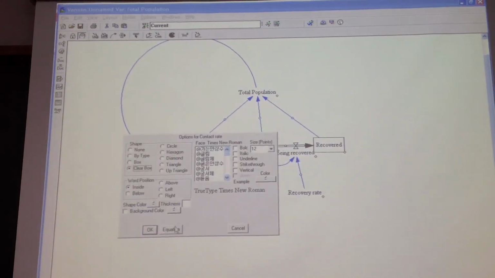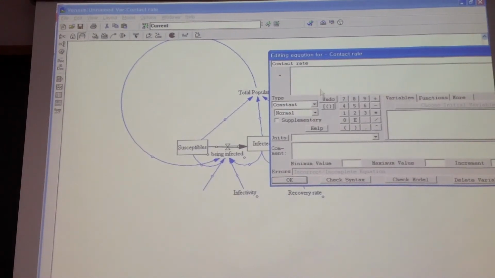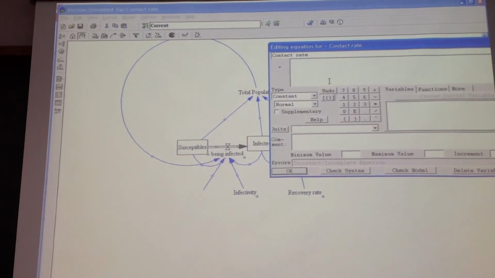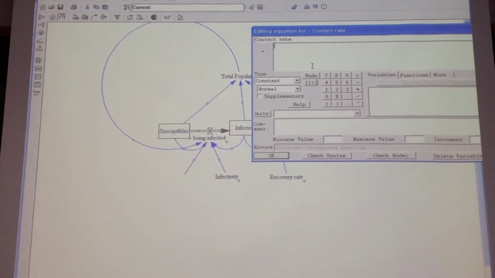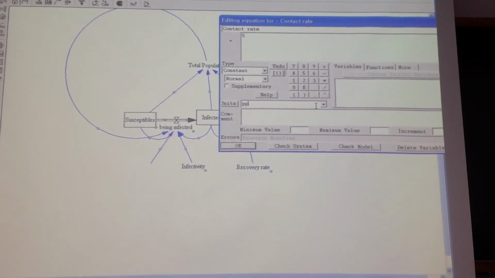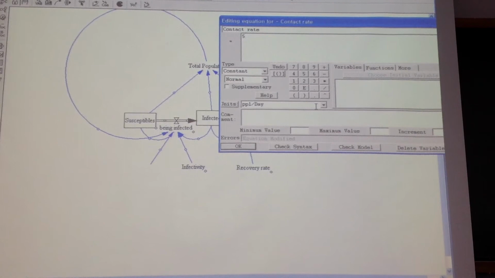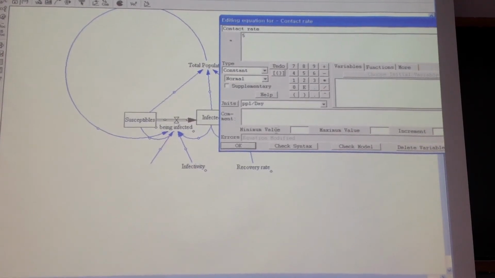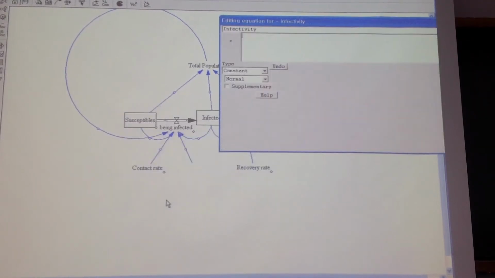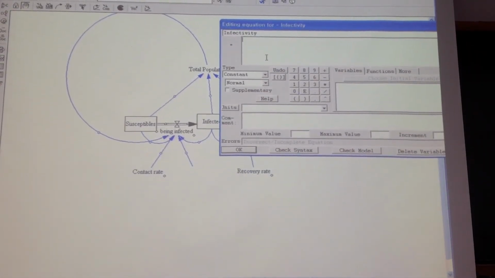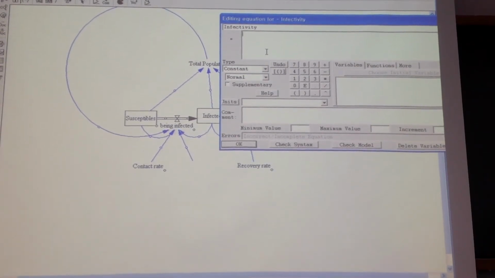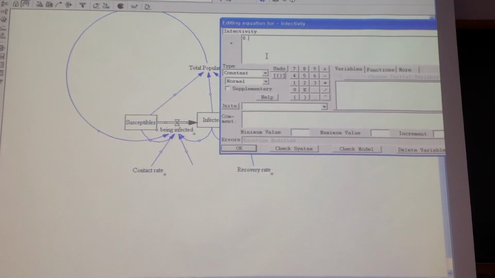And contact rate. Let's give a contact rate. How many people do we meet a day? Say we meet on average 5 people a day. So this is people per day. And infectivity is the chance of real infection given the infectious contact, let's say 0.5.